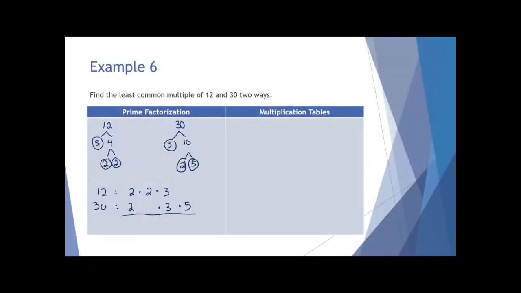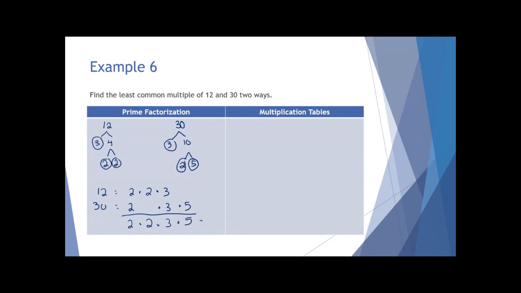So the way that I find this with prime factorization is I line them up, and then I write down all the numbers that I have in order. And if it shows up twice, if they're lined up, that's fine. So I have 2 times 2 times 3 times 5.